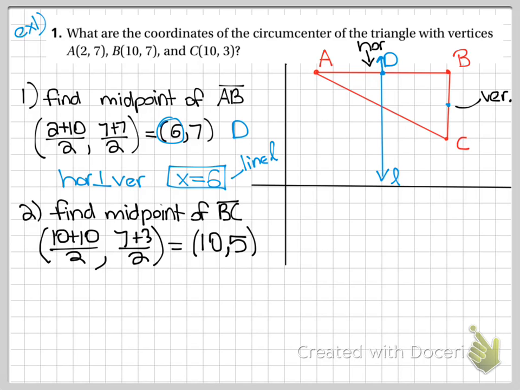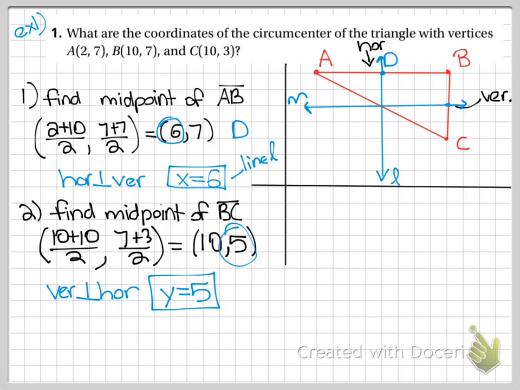And the equation of a line perpendicular to it, since it's vertical, is going to be perpendicular to a horizontal line. So that means it's going to be the equation y equals 5. So that's the equation of a line that is perpendicular to that one. I can graph that line right here. We'll extend that out a little bit, and we'll call that line M.